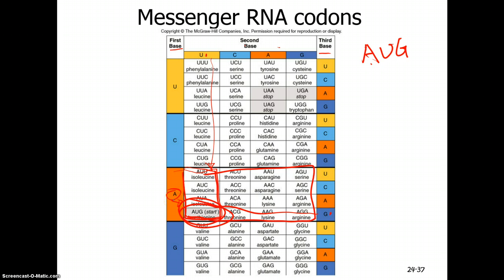If I did UAC, then I'm going to go U, somewhere in this row. My second letter is A, so I'm looking somewhere in here, and my third letter is C, so my amino acid is tyrosine.